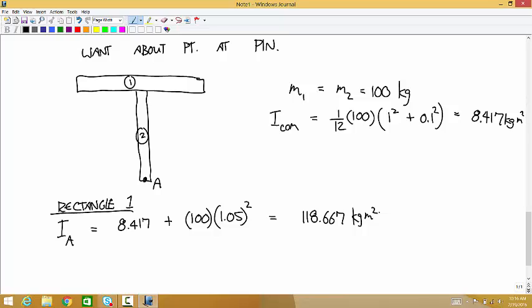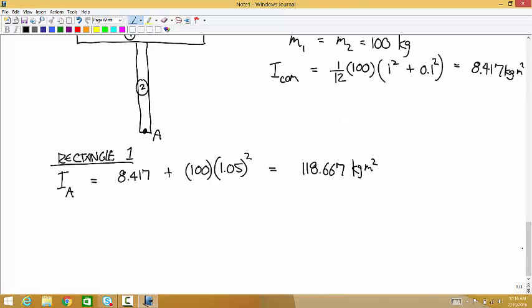Okay, so that's for rectangle 1, and notice that by far the bigger part of this moment of inertia, rather than coming from the shape, just came from how far it is from the axis that we're considering. So that parallel axis theorem contribution can be huge.